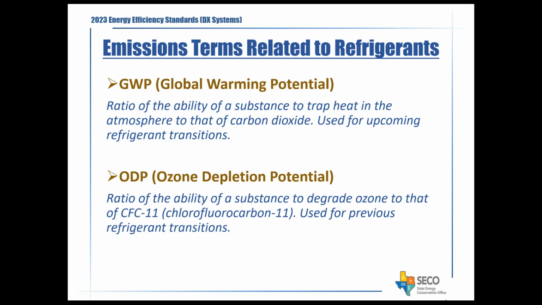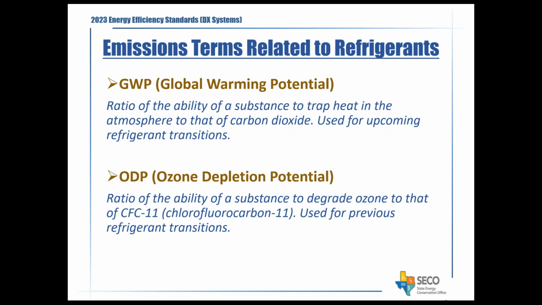What I want to do is take a few moments and just go over some very basic things that you will be expecting. There are efficiency changes, and then there are changes in the refrigerants that are going to be used down the line. So I wanted to define two things that relate to the refrigerants.